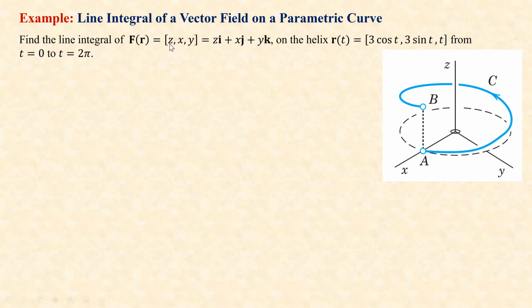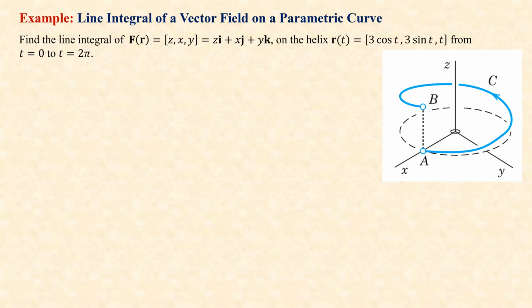Usually r is (x, y, z), but F is (z, x, y). What this means is that the x component of F is the value of z at any position, the y component is how much x is, and the z component is how much y is. It's a weird function, but it's a mathematical function.